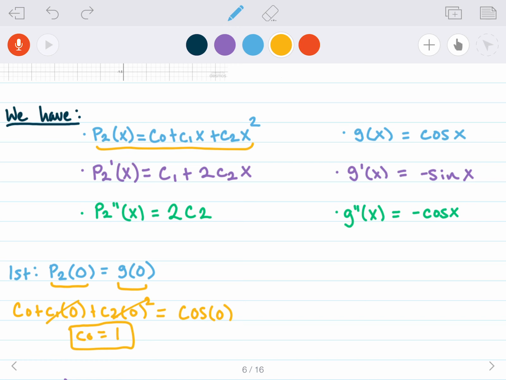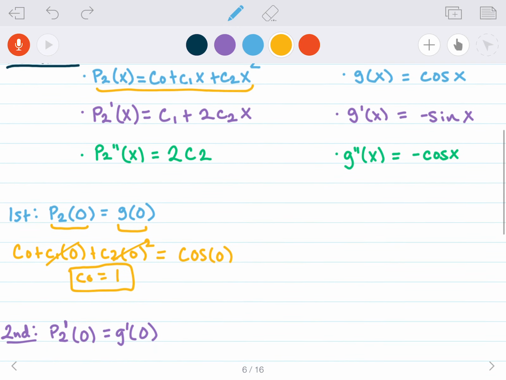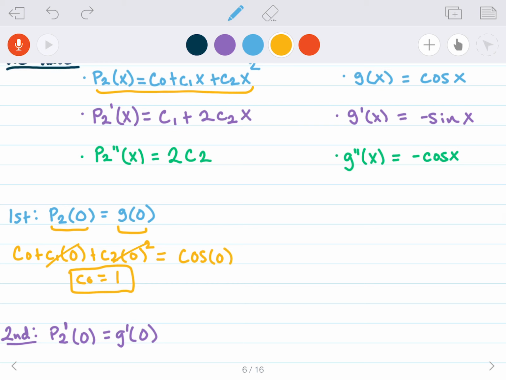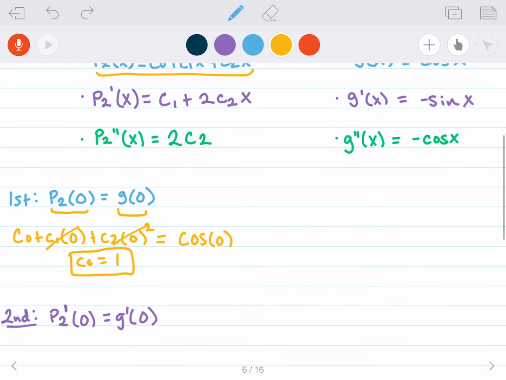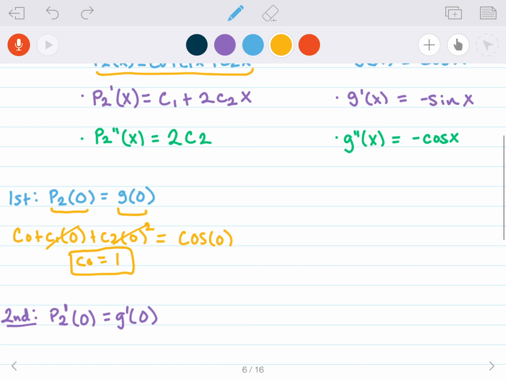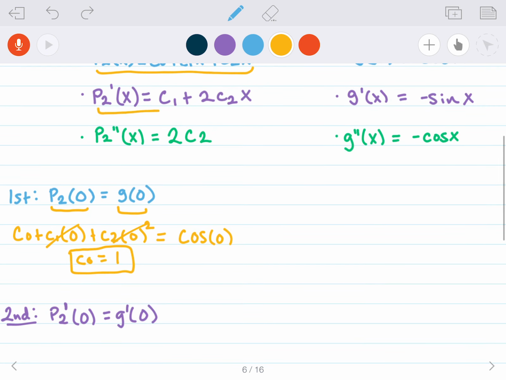model it. Okay. So the second condition that we want to be true is that the derivatives are equal at the point 0. Okay. So P2 prime of 0. Well, let's take a look at this derivative up here in purple.